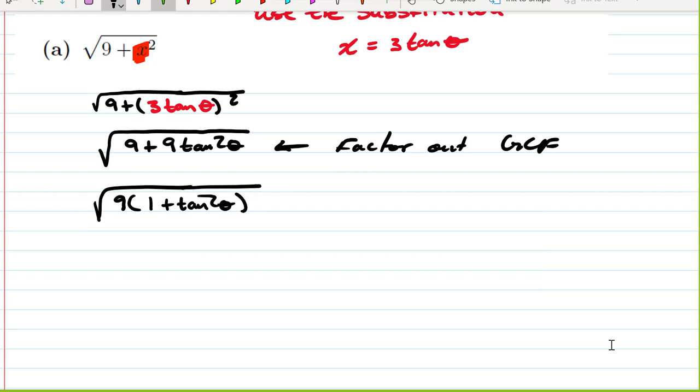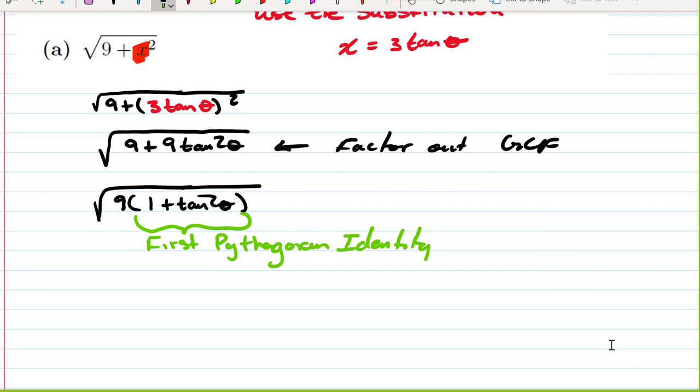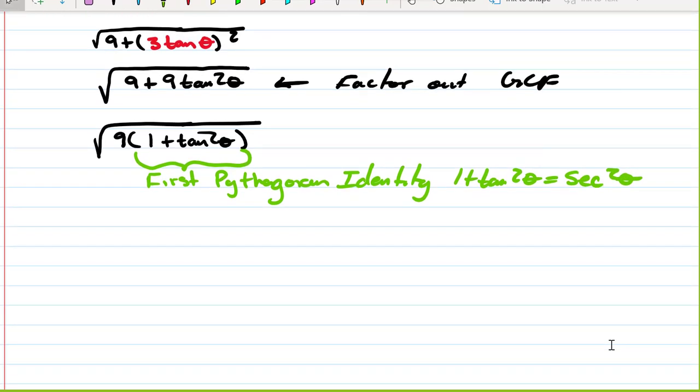And from the first Pythagorean identity, we have that 1 plus tangent squared theta is equal to secant squared theta.